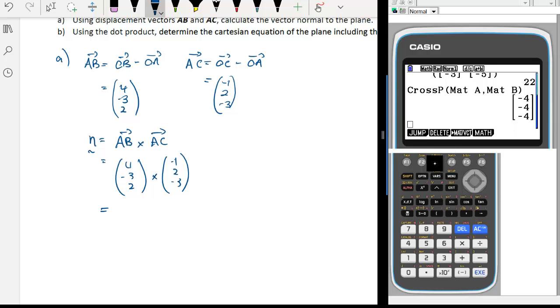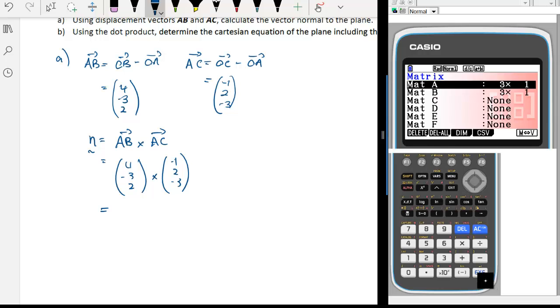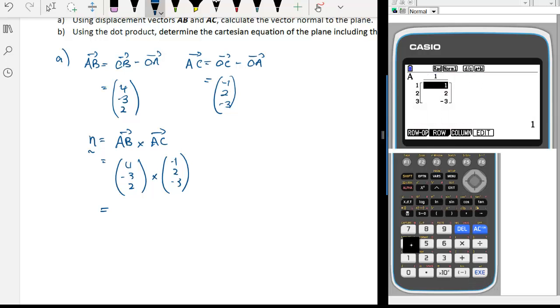I'll have to enter these matrices in first, so I'll do that very quickly. So 4, -3, and 2, and -1, 2, and -3.